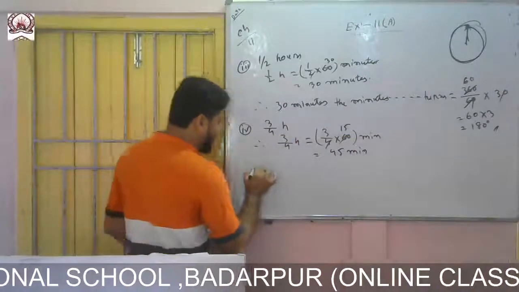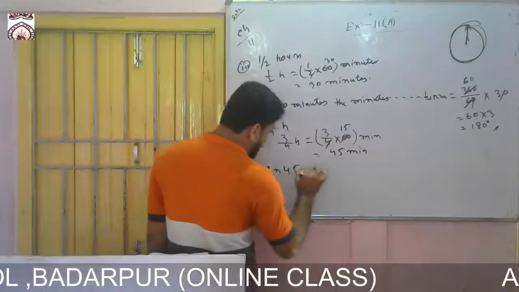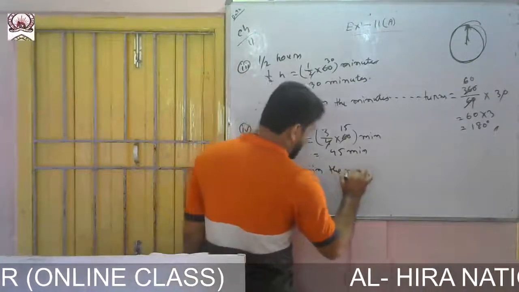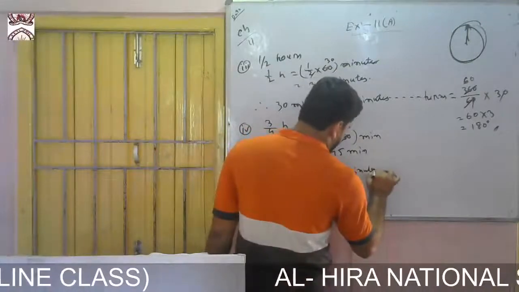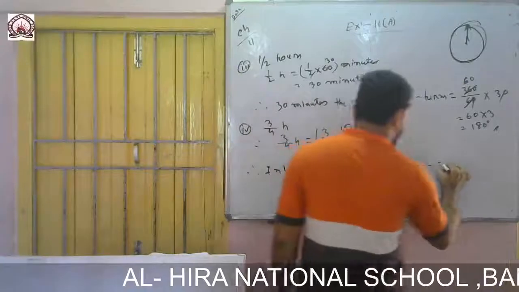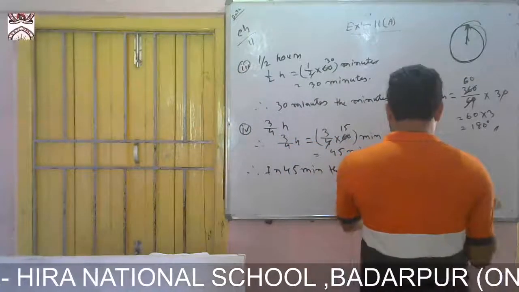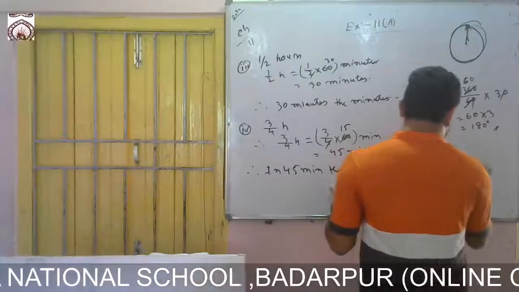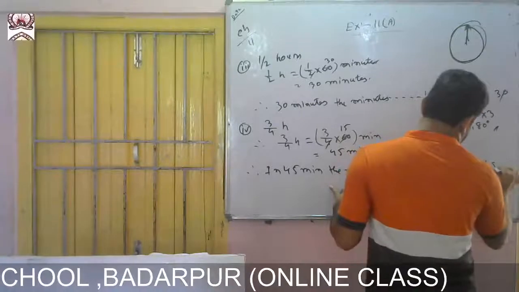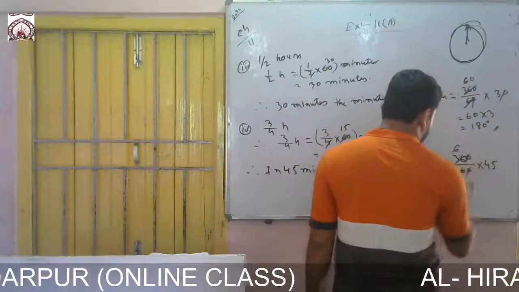Therefore, in 45 minutes, the minute hand of the clock will turn like this. You write the full sentence: the minute hand of the clock will turn 360 by 60 into 45. 0 0 cancel. 6 6s are 36.